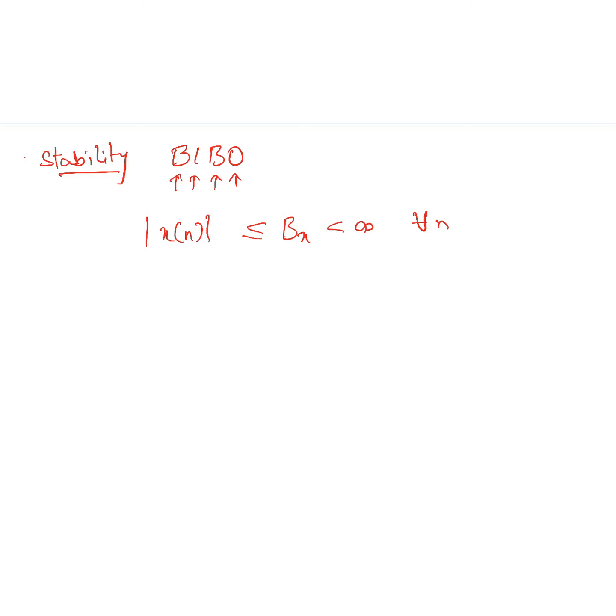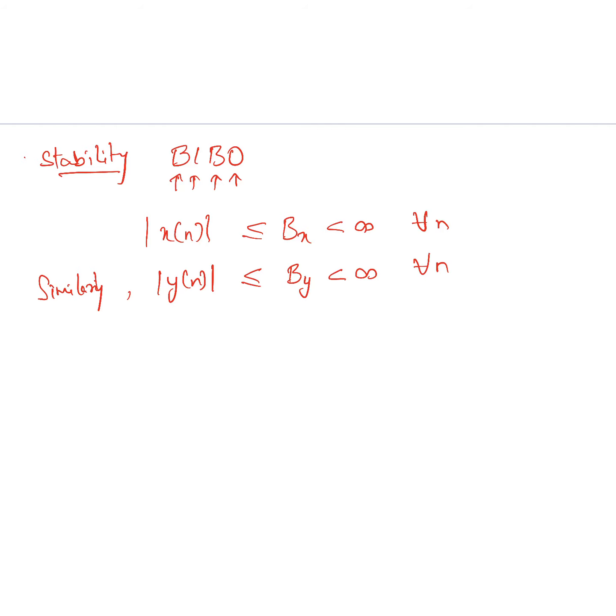Then we say that the sequence x[n] is a bounded sequence. Similarly, we can also define for the output sequence: y of n is a bounded sequence if the modulus of that sequence is less than or equal to some fixed value B_y, which is less than infinity, again for all values of n. In that case x of n and y of n would be bounded sequences.